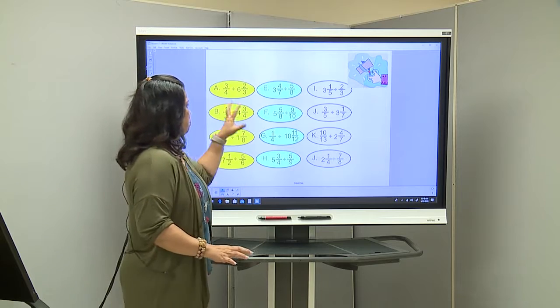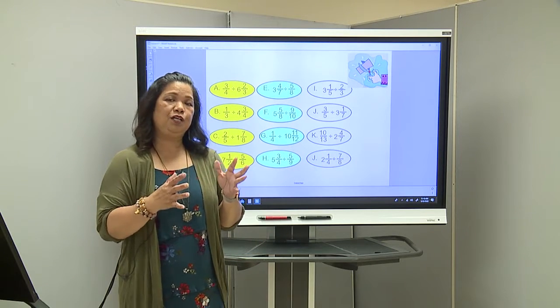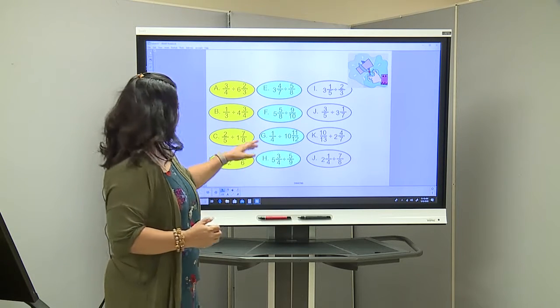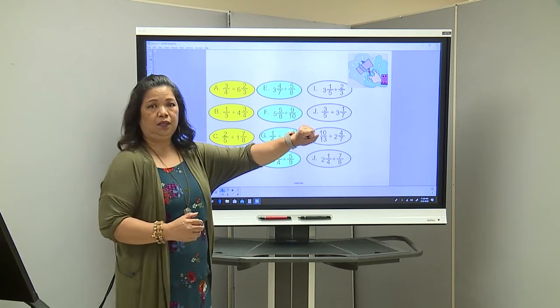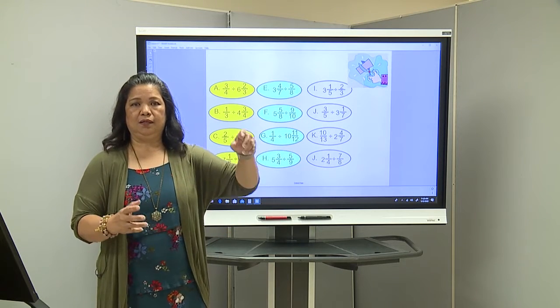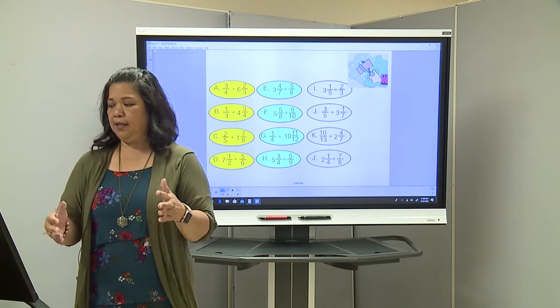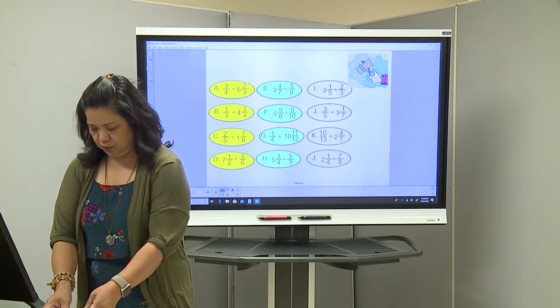copy these expressions and then cut them to create cards. Okay. So there are 12 expressions. Once you have copied them, you cut them and you form them into playing cards. Okay.